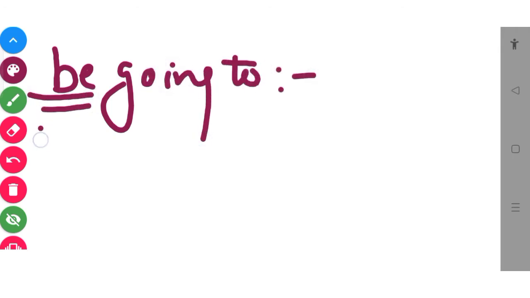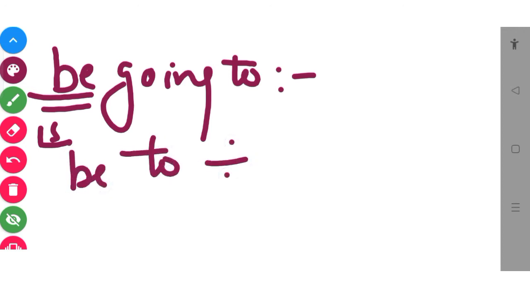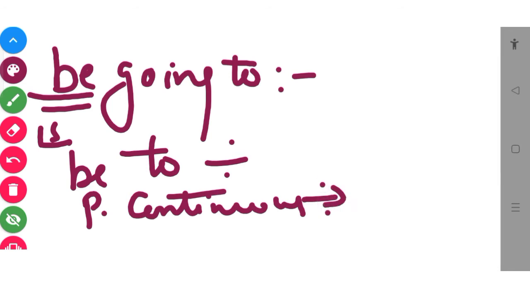Be as first form, like is, am, are, along with its other forms that come under its family, combined with to. Then we can use present continuous tense with a future adverbial to express the future, and simple present also can be used. We'll talk about these four of them one by one now.